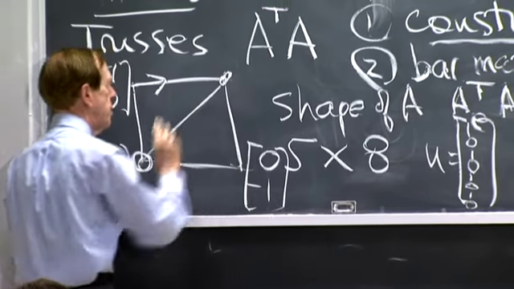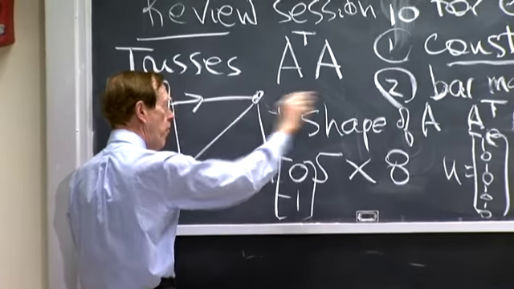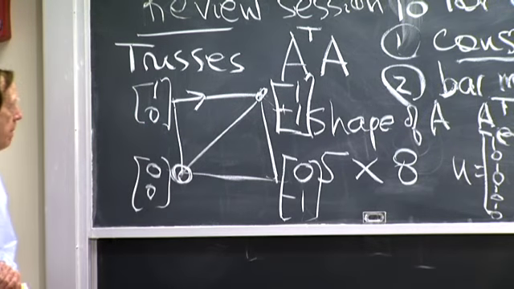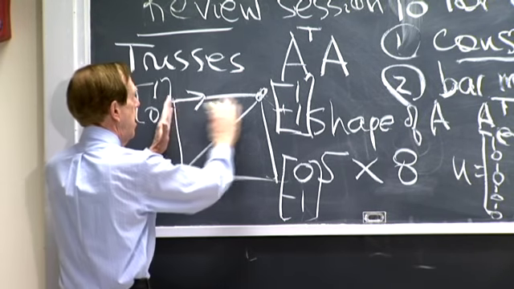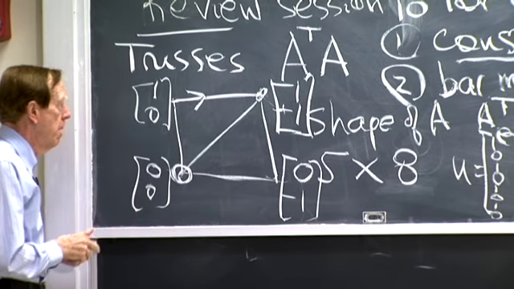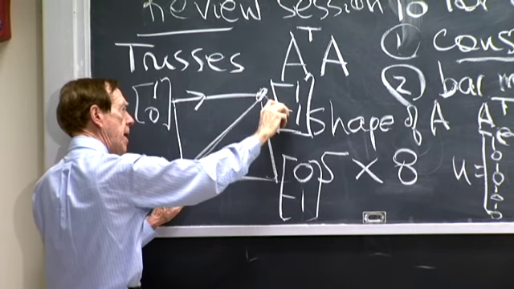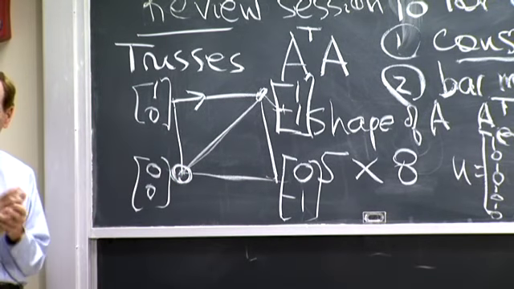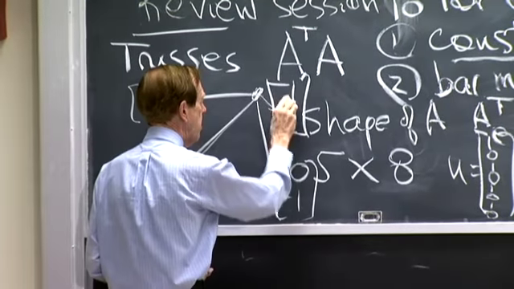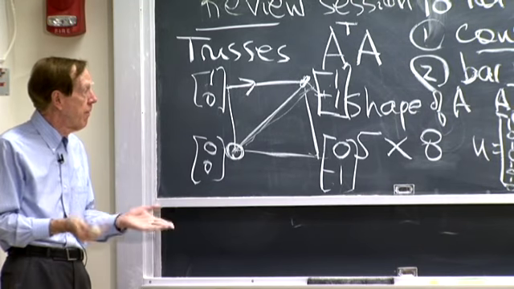And what do you think this guy is? 1, -1, let's see, it's going to go this way, so it's going to go forward and down, and I think you're right, 1 and -1.